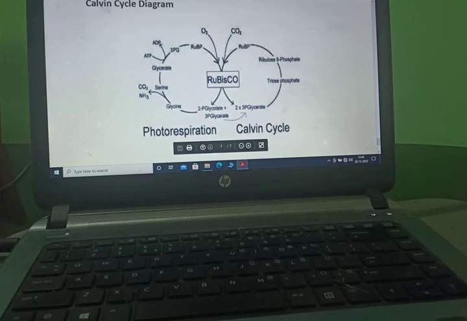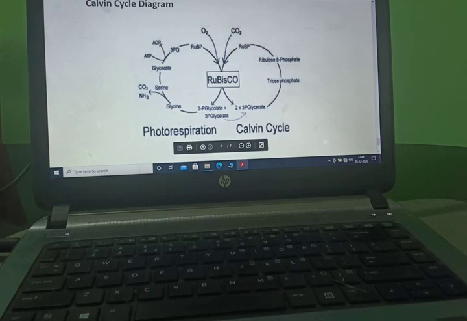This is the central point, Rubisco. Here it will go for photorespiration. Here it will go for the Calvin cycle. Here 2-phosphoglycerate plus 3-phosphoglycerate, but here 2 into 3-phosphoglycerate.